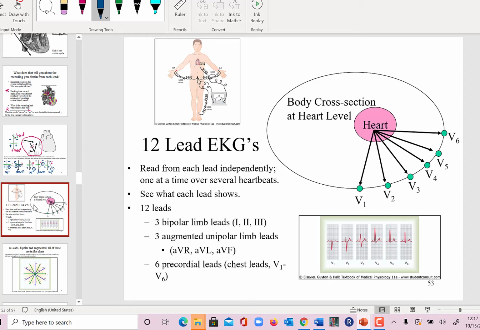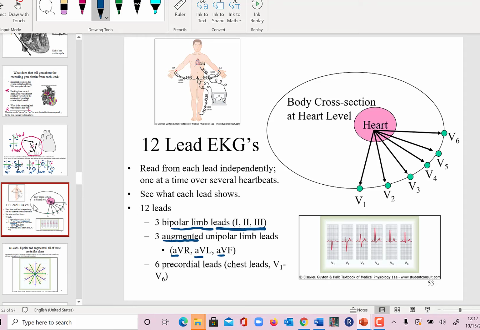The 6 you are responsible for are the 3 bipolar limb leads, leads 1, 2, and 3, and the 3 augmented, that's what the little a stands for, unipolar limb leads, and I'll explain that in just a moment. Those are leads AVR, AVL, and AVF.